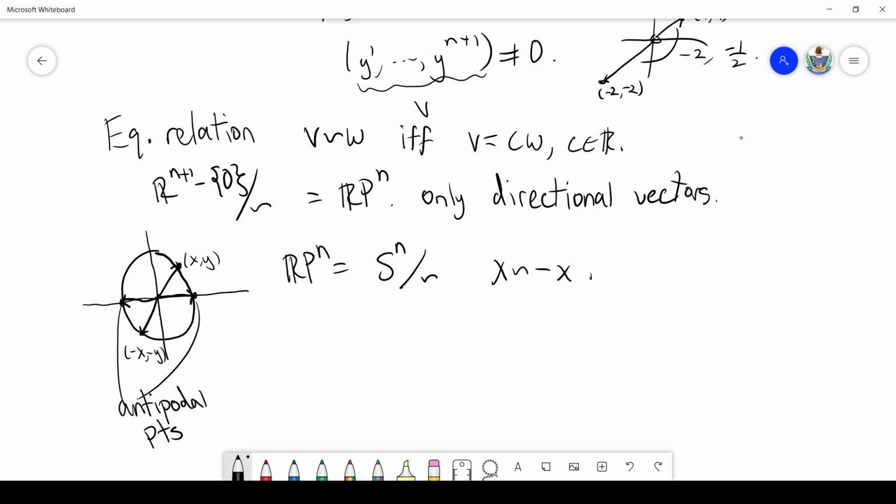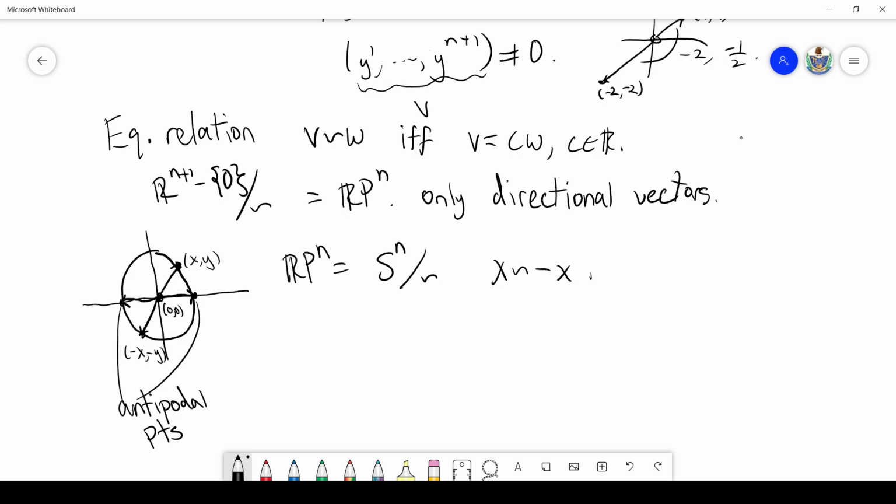Or if you had 3 coordinates, you would just take the negative of all the coordinates, right? Because that's how we can represent antipodal points, since this is the origin. That relationship is via the negative sign. So S^n under this equivalence relation is also the real projective space.